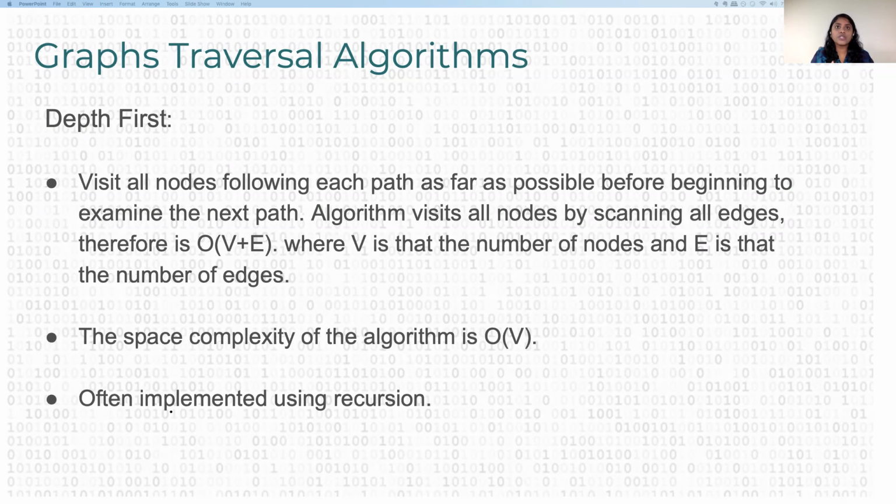And this is usually implemented using recursion. We'll see how that happens, but we choose a path, recursively go searching on that path, and keep going until we find an end. When we're using recursion, it's important to know what our base case is.